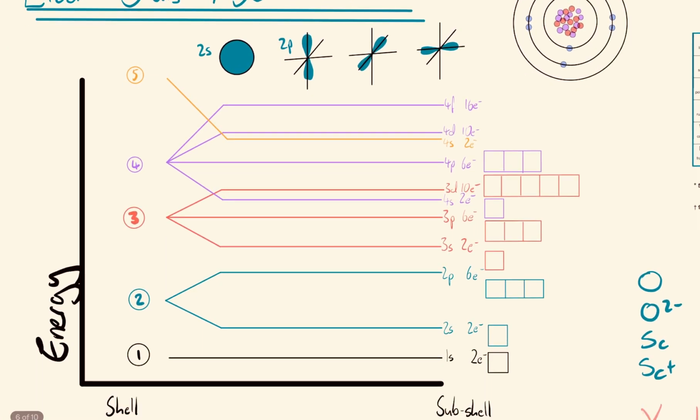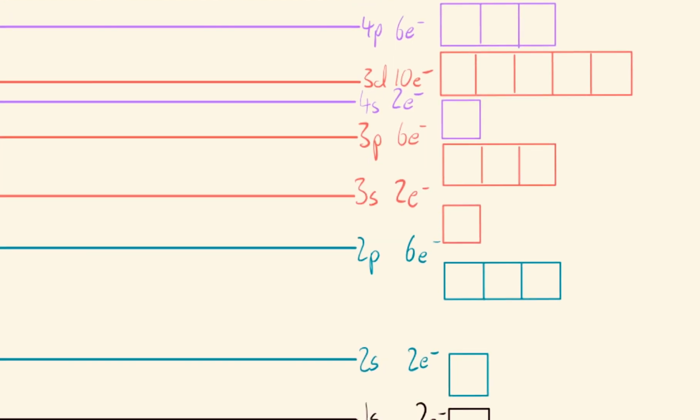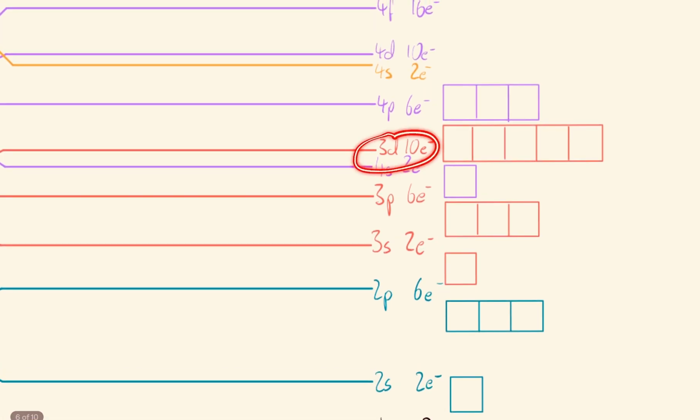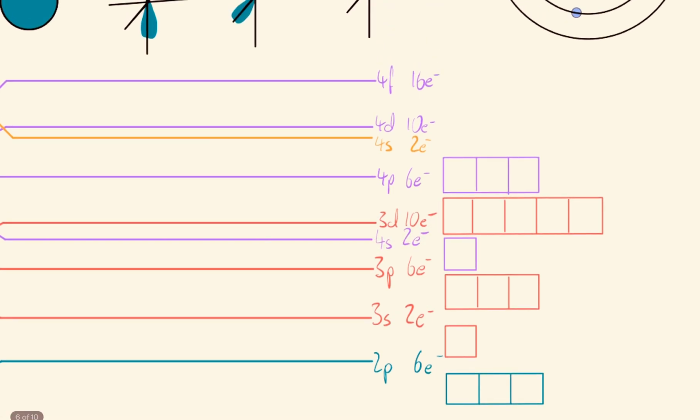We can put it into this context as well. We've got this idea of energy coming up, and we've got our shells listed here. We've got s orbitals, which can fit 2 electrons, p, which can fit 6, d, which can fit 10, and f, which we don't need to worry about, which can fit 16.